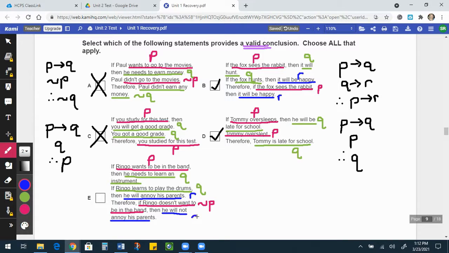That is negated R. So altogether, E would go: if P, then Q; if Q, then R; therefore negated P implies negated R.